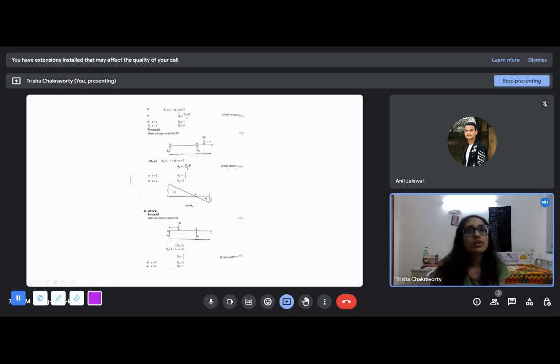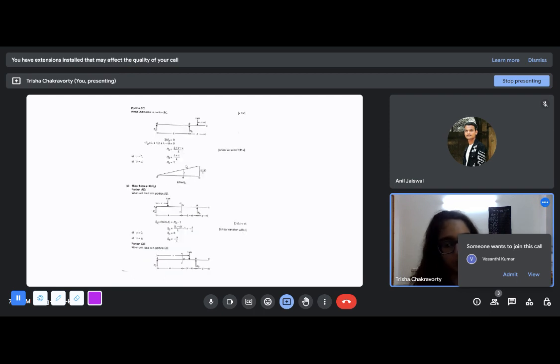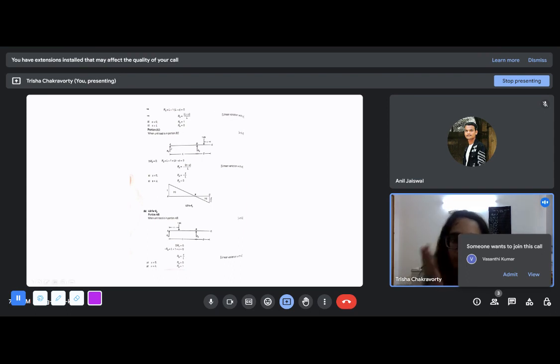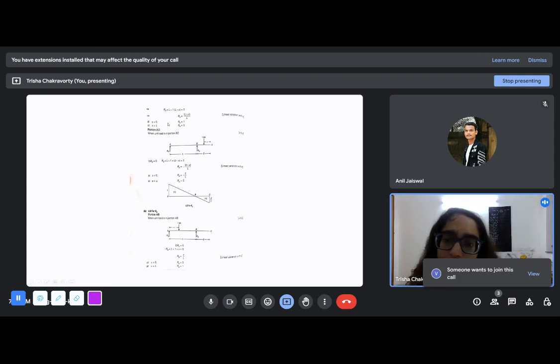This is why when you have to draw the influence line diagram of any shear force or bending moment at any section, you first have to find out the influence line diagram of the reactions, like the expression of the reactions, because the reactions will occur in the expression of whichever you encounter further. So RA, when the force was in AB, the expression was L minus X by L. So when it is in DB, this will be the expression, and when it is in BC, this will be the expression.